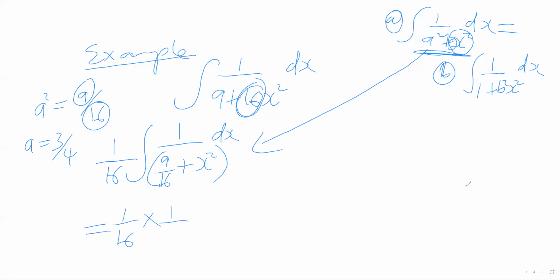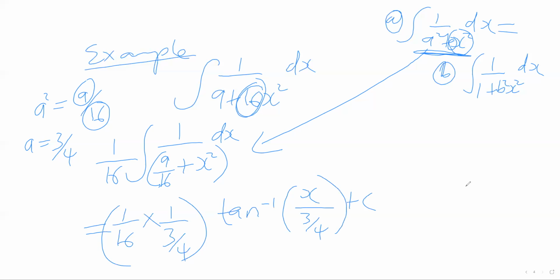So times 1 over 3 over 4. And then we have tan inverse of x over a. What is a? A is 3 over 4, plus c. And then the next thing is you have to simplify this and you get the answer. So that's a task: simplify.